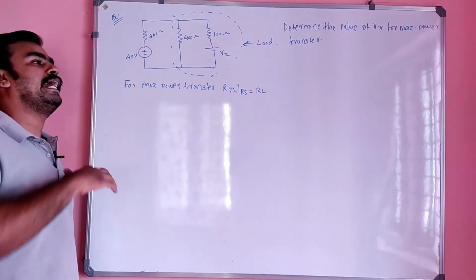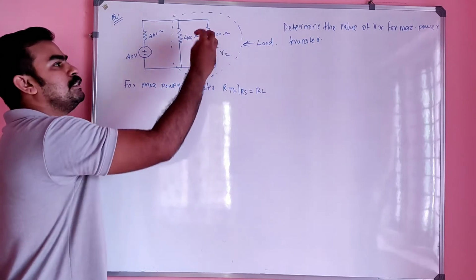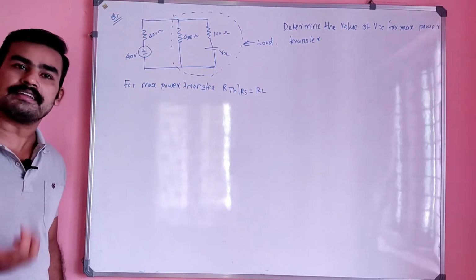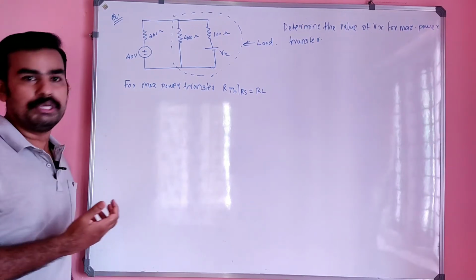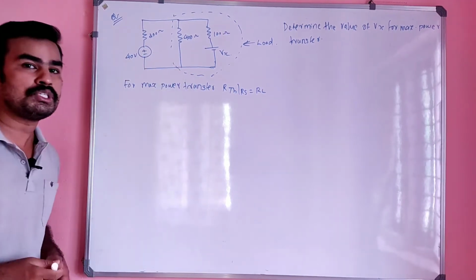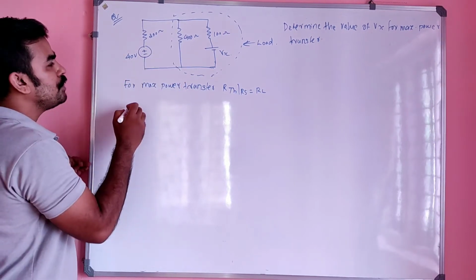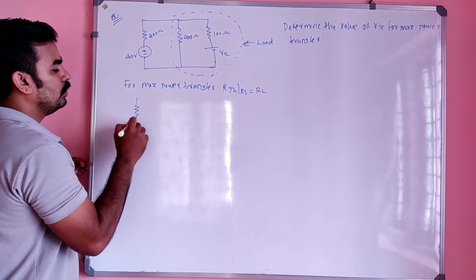Yesterday I taught you that we can convert that voltage Vx into a resistor. That is called the substitution theorem. Yesterday I told you what is meant by the substitution theorem. According to that, I can modify my circuit. Listen very carefully.